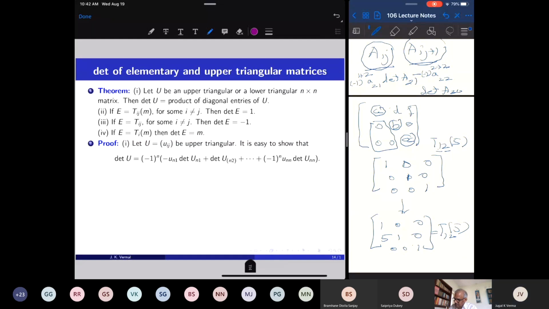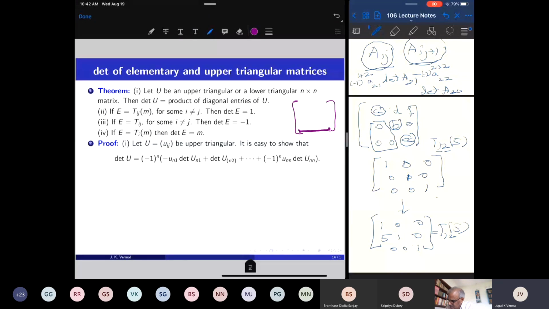Now we will show by induction on n that determinant of A is, look at the nth row, expand by the nth row. If you take this n by n upper triangular matrix, I want to expand by the nth row. So I proved the existence of the determinant function by using the first row.